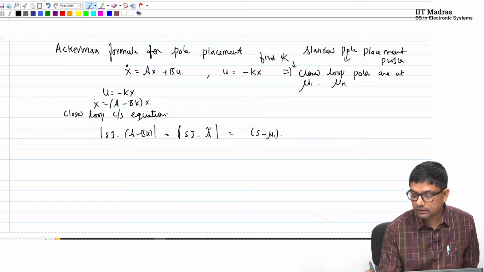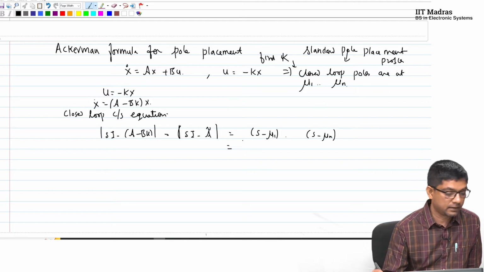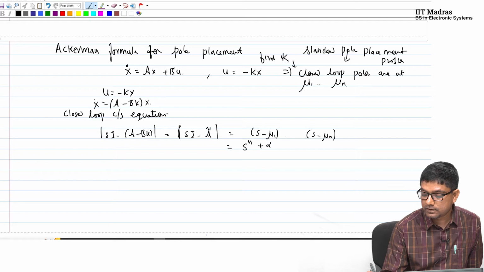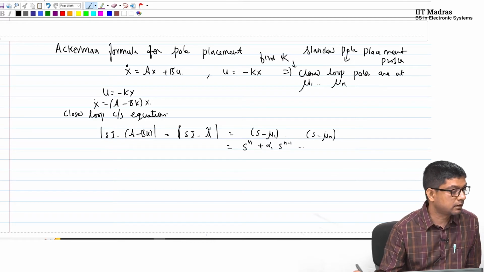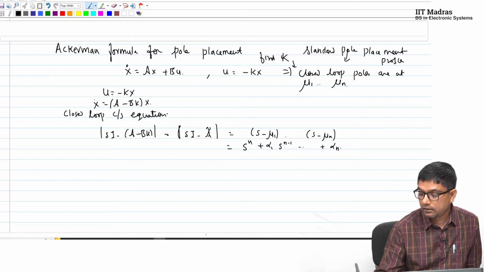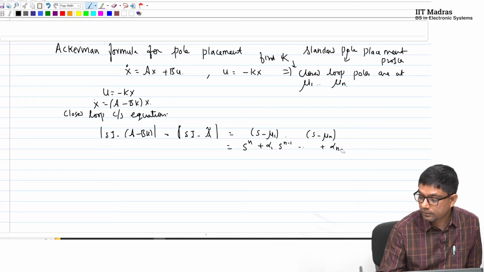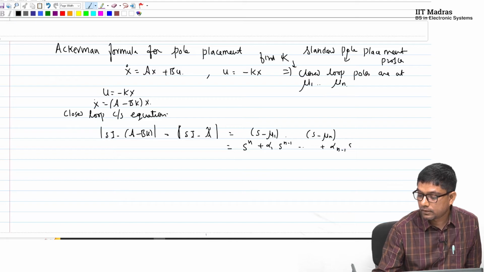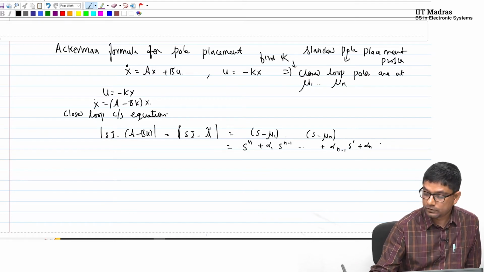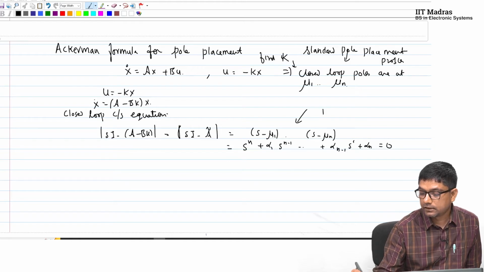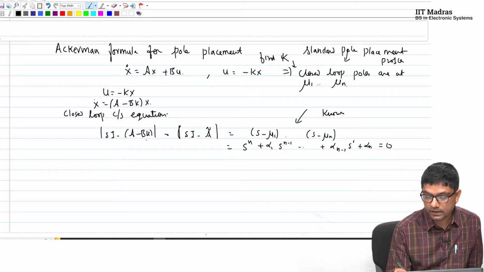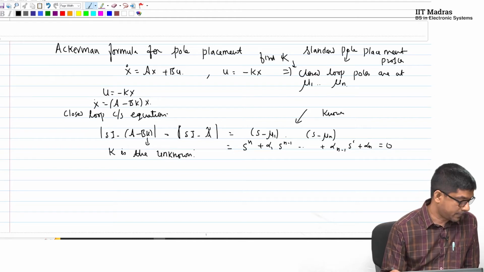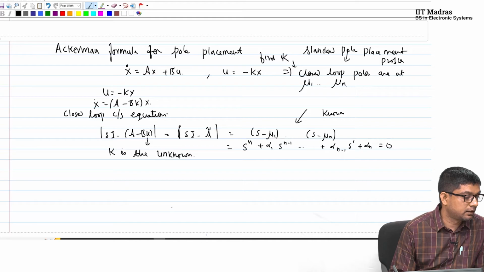The closed loop poles should be at mu 1 till mu n, so I can write this as s to the power n plus alpha 1 s to the n minus 1, all the way till alpha n minus 1 s plus alpha n, and this should be 0. On the right hand side, things are known. On the left hand side, K is the unknown. Okay, so this is good.